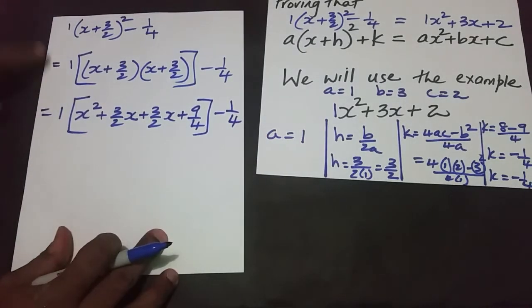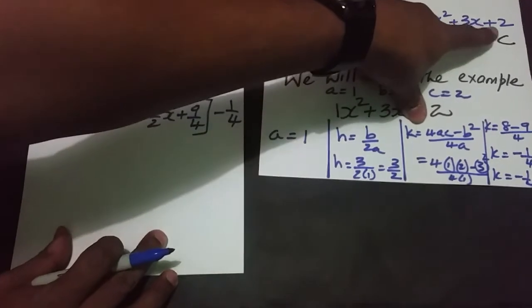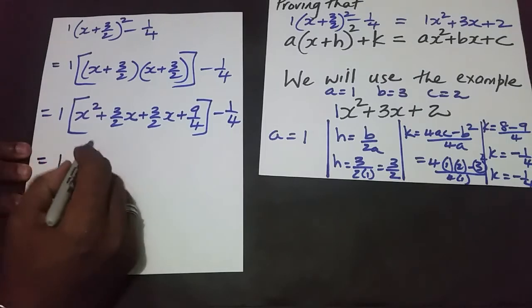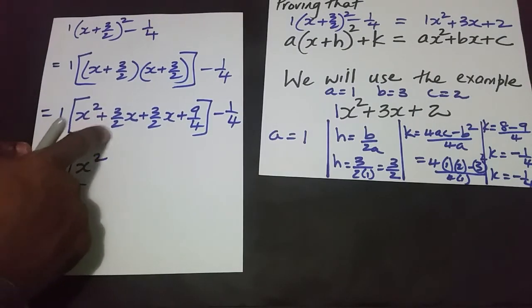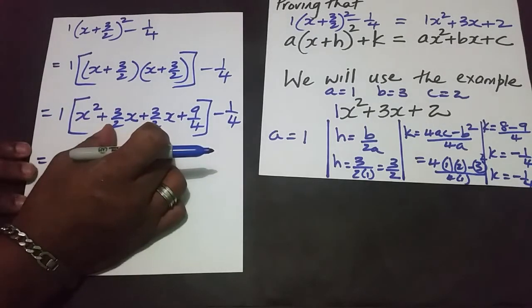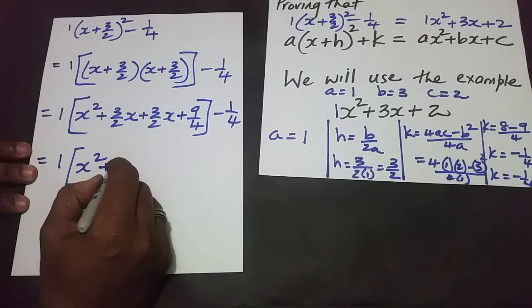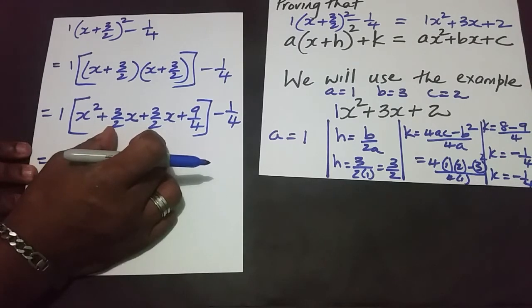So again, I'm showing you that the completed square form is in fact 1x squared plus 3x plus 2. So what we have here is 1, that's x squared, and 3 over 2x plus 3 over 2x, the denominators are the same. So what you're going to get here is 6x over 2 because the denominators are the same.